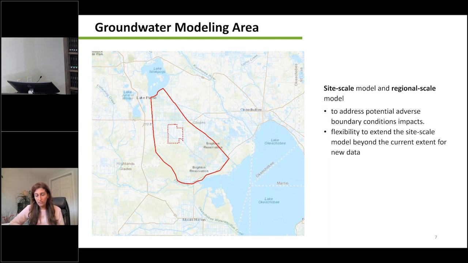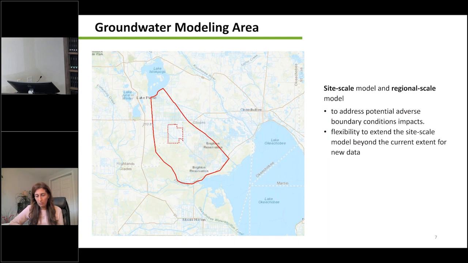But this regional scale model is being developed by extending the areas of the smaller model to the natural water system, as you see in the north and northwest and southeast, it's limited to Lake Istokpoga and Lake Okeechobee, and in the other areas the canals and the rivers are the boundary of this modeling.